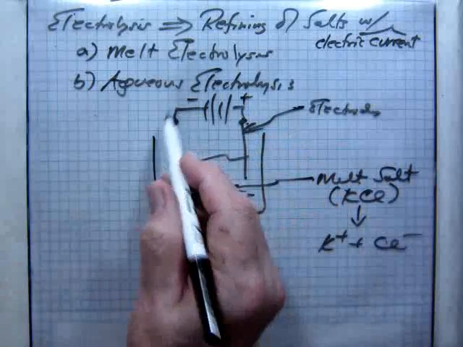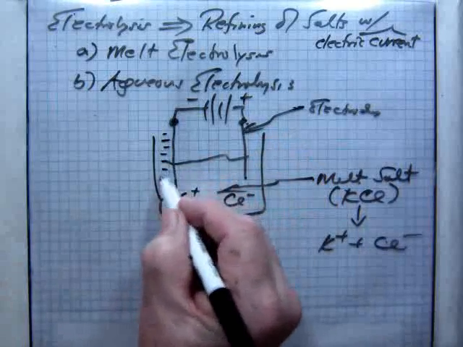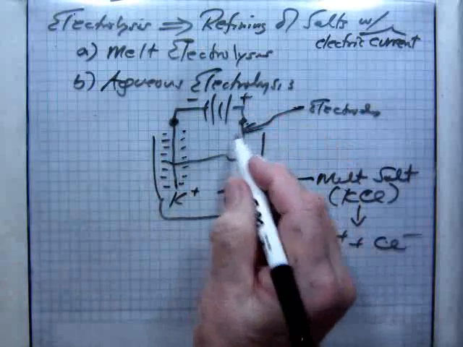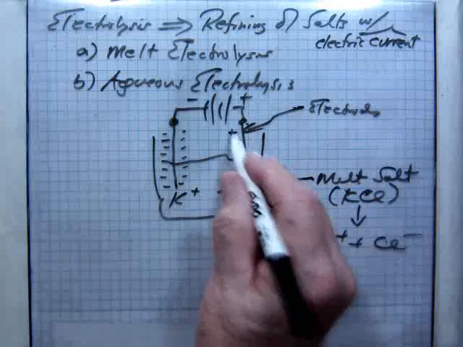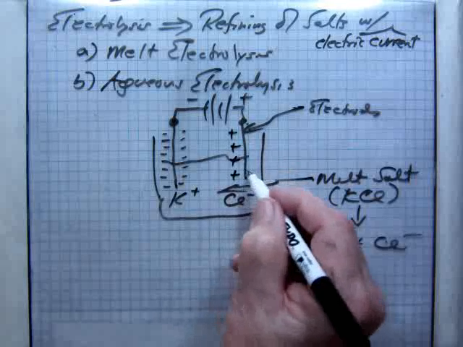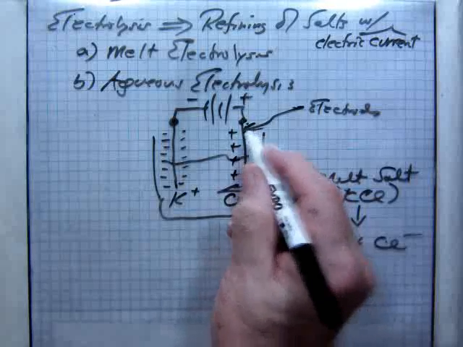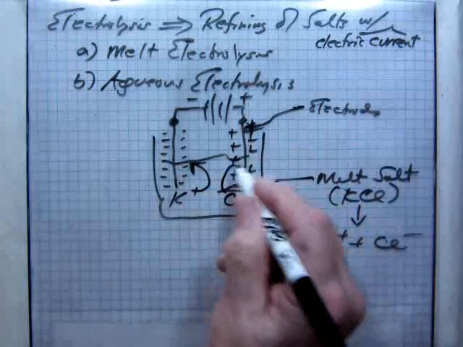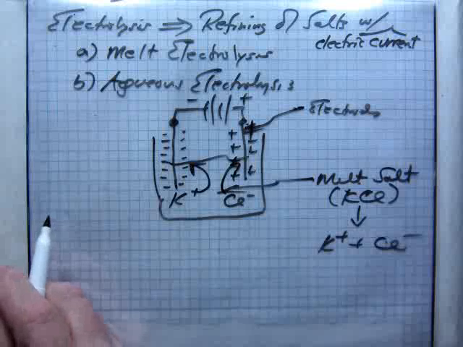The minus charge makes this electrode negative, and the plus side of the battery or transformer makes this one positive. So opposites attract. Potassium goes there, chloride goes there.